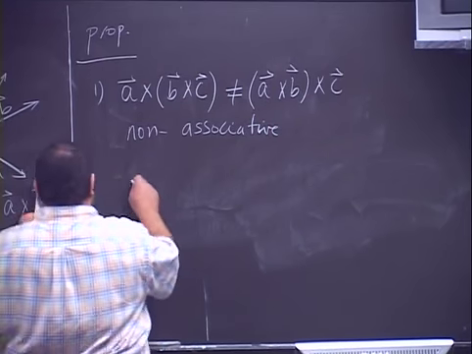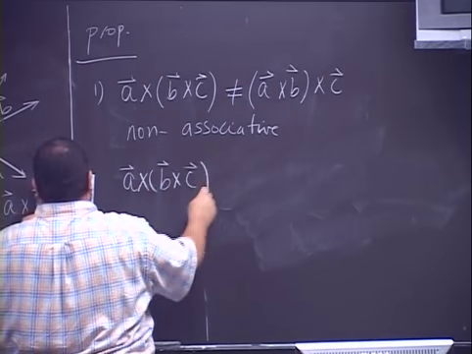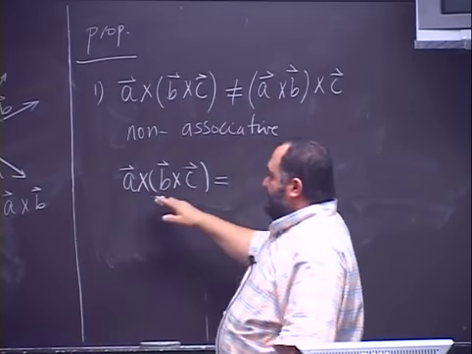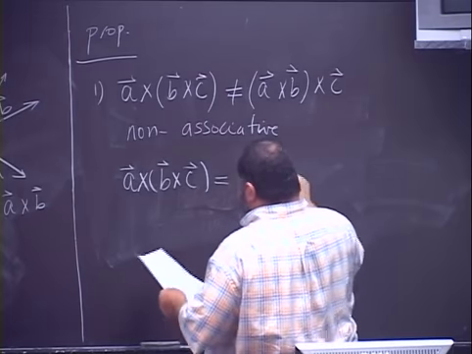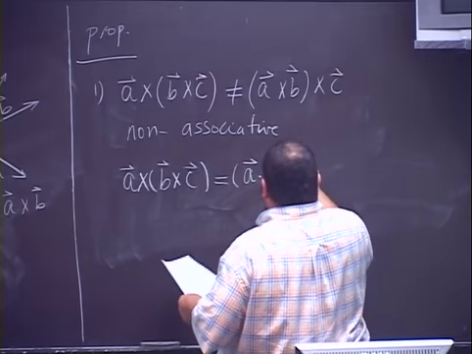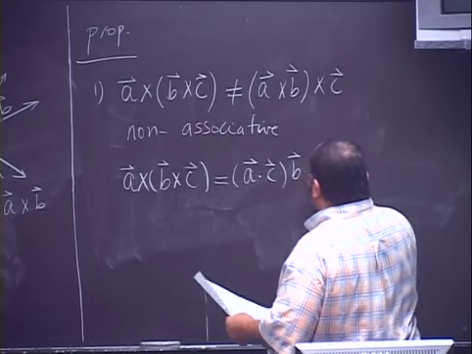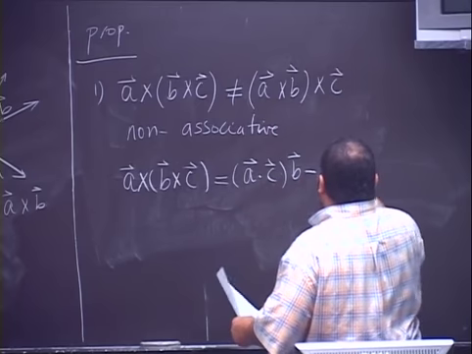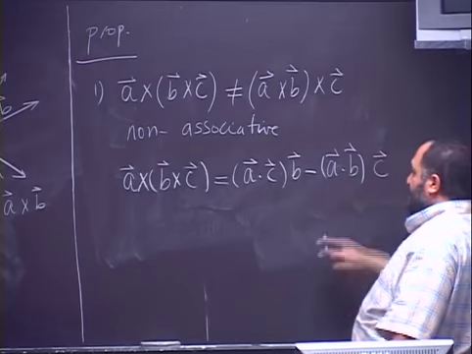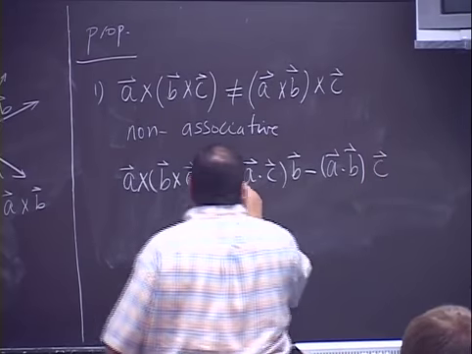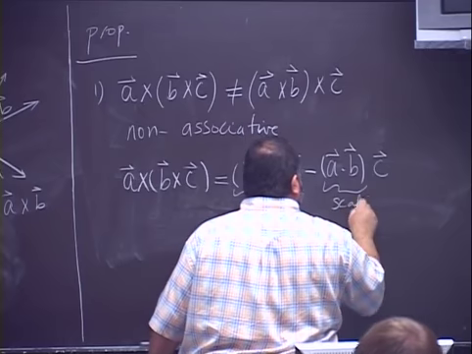And you will notice that A crossed with B cross C is nothing more than A dot C, a scalar multiplied by a vector B, minus A dot B, another scalar multiplied by vector C. And now you will have, this is scalar and this is scalar.